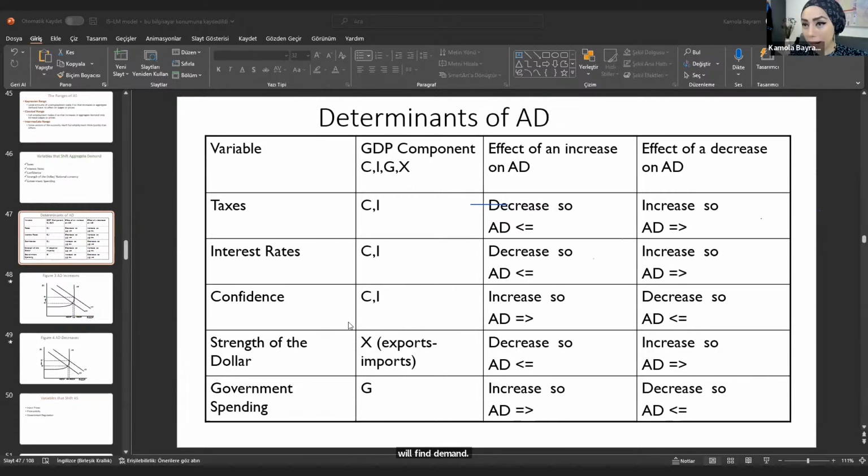If you are supplying something which is demanded especially in international markets, and it can be demanded for a high price, then your income, your GDP will grow.